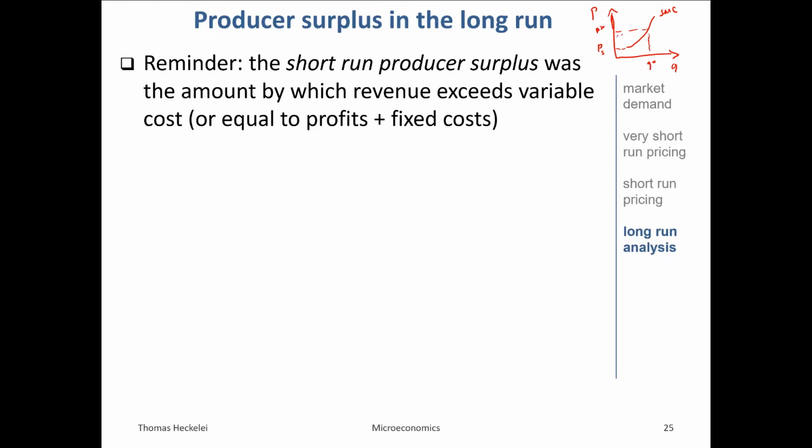And this area above the minimum price that firms are willing to produce, below the market price, and above the short run supply curve is the producer surplus. That's what we learned.